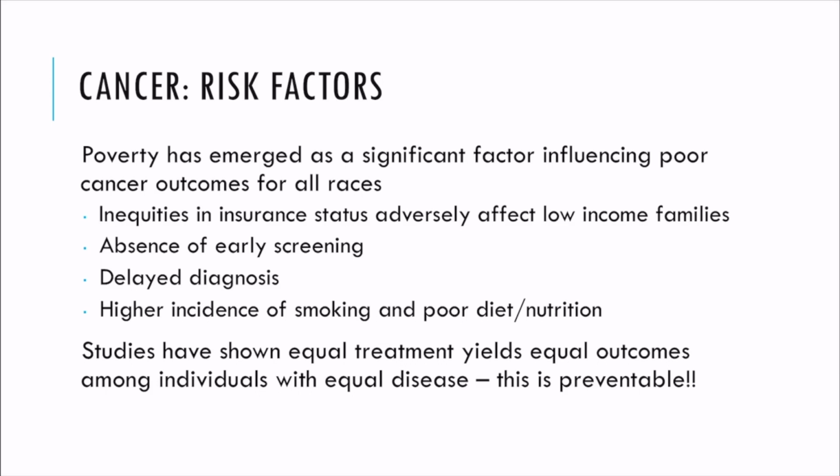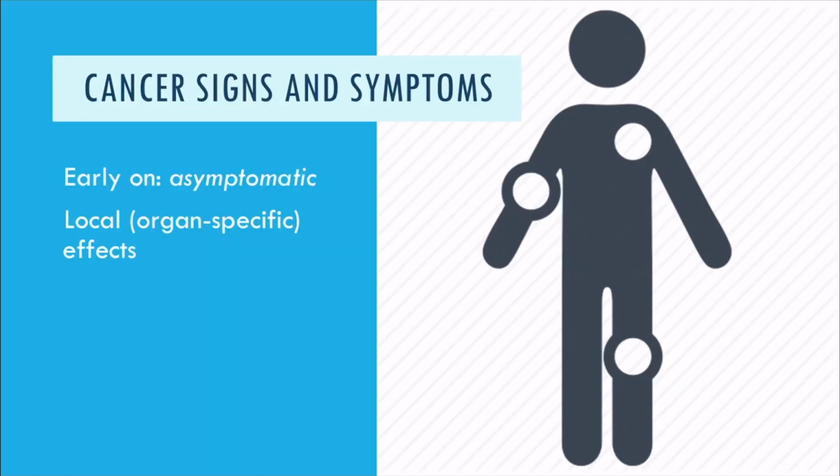This part I just can't not put on here, but studies have shown that if we had equal treatment for all people, we actually have equal outcomes. So if everyone was given the same access to healthcare, we would all have the same outcomes. And I could take this slide out of the PowerPoint. This is a preventable issue in our country that I hope we will see change in my lifetime.